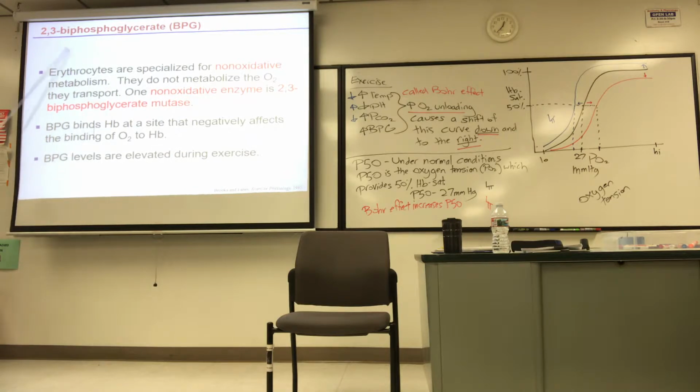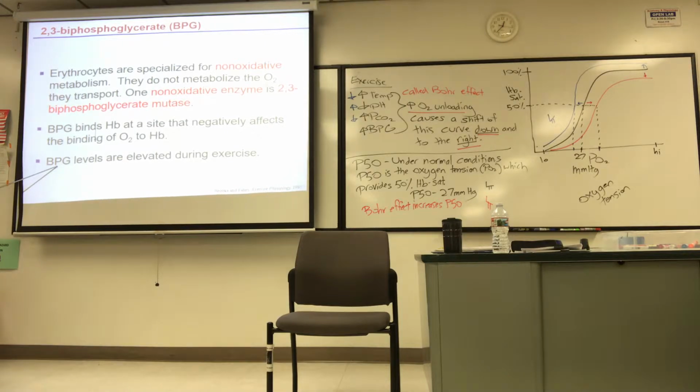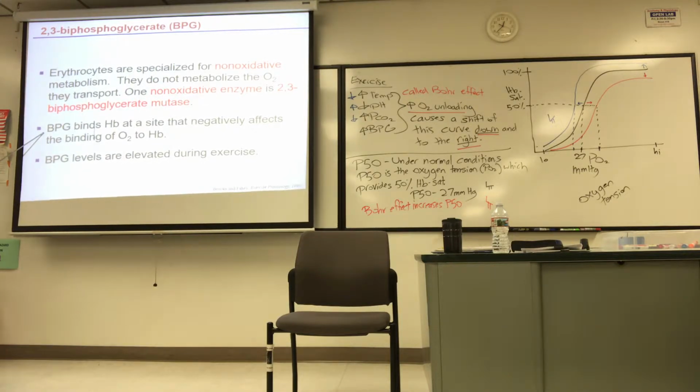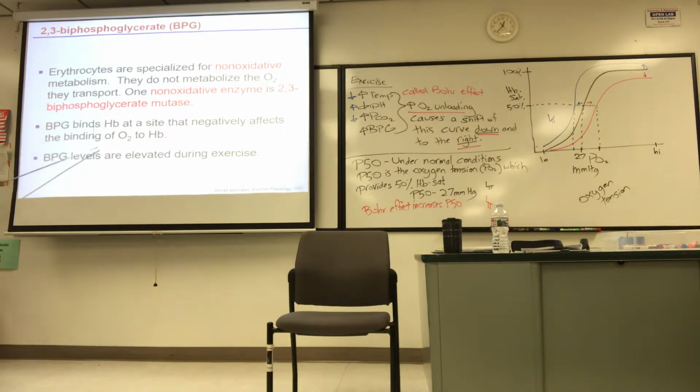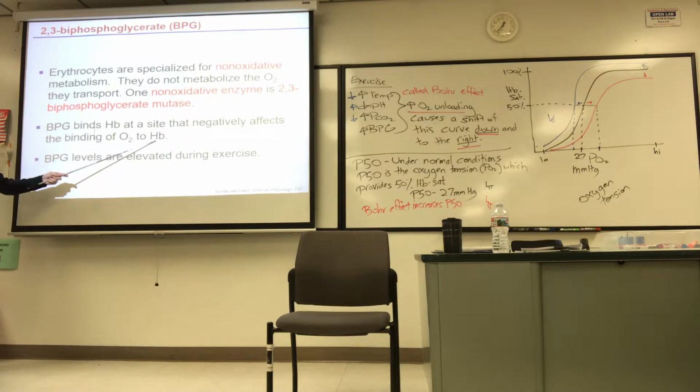So they do non-oxidative metabolism. BPG, which stands for 2,3-bisphosphoglycerate, is one of those non-oxidative enzymes that can be measured and has been measured to be elevated during exercise. What it's doing is it binds the hemoglobin, which negatively affects the O2 binding. It's similar to carbon monoxide poisoning, where CO preferentially binds to Hb and not O2.